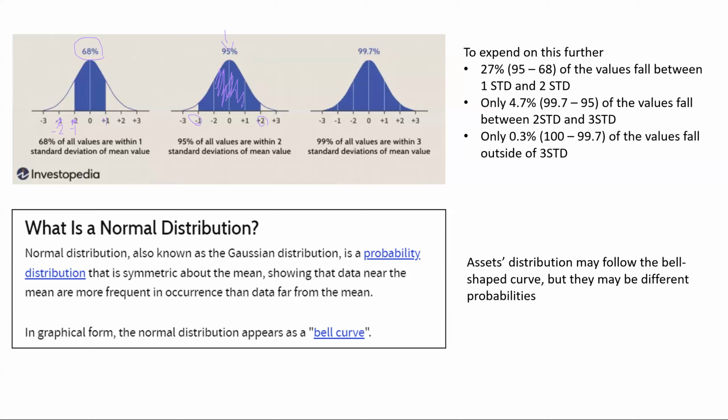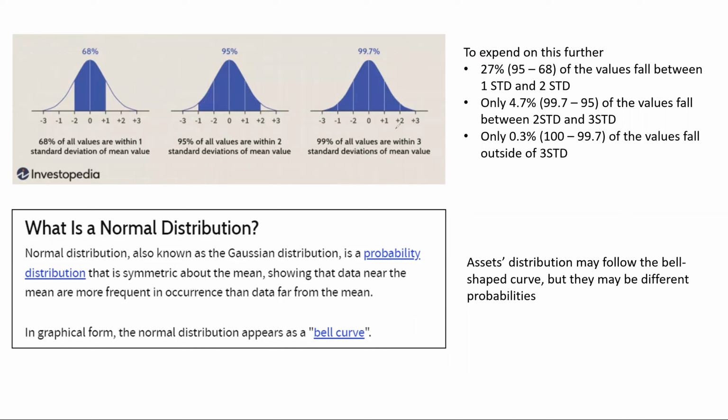But if you want to calculate the probability of data occurring between standard deviation 1 and standard deviation 2, and between standard deviation -1 and standard deviation -2, then you take 95 minus the 68, which you can see here, it occurs 27% of the time for data falling between 1 standard deviation and 2 standard deviations.